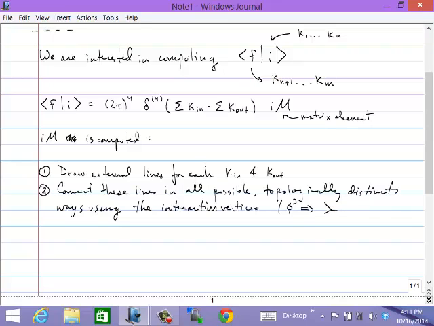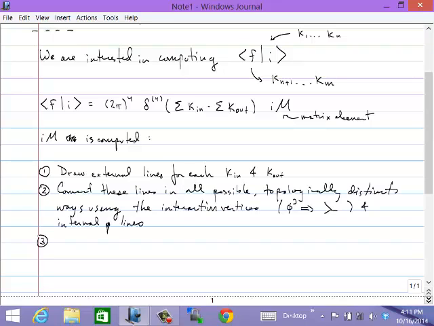In a phi fourth theory, there would be a quartic vertex. Or in a theory with interactions between different particles, there would be different sorts of interaction vertices that would allow, say, two particles to combine to form a third particle of a different type. And you join up these interaction vertices using some number of internal propagators, which are represented by lines.